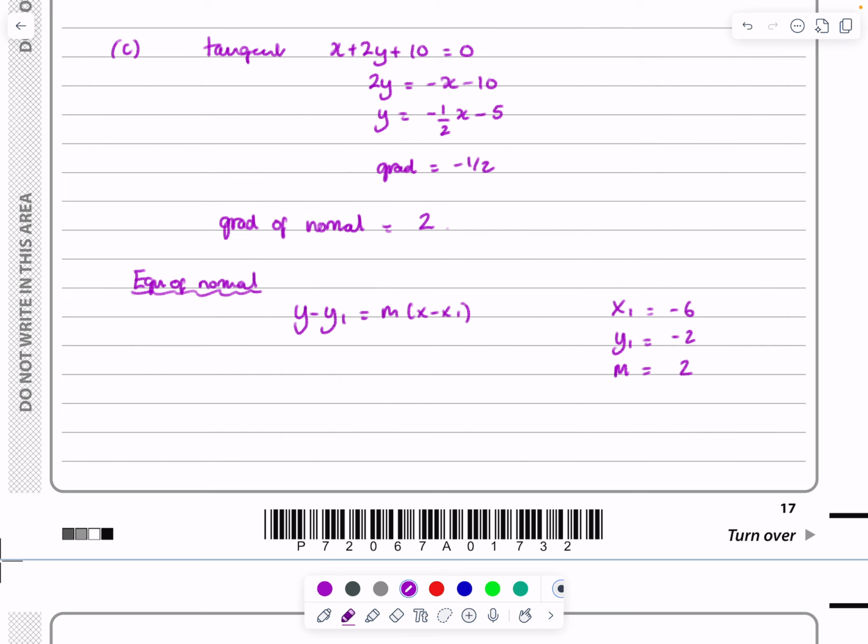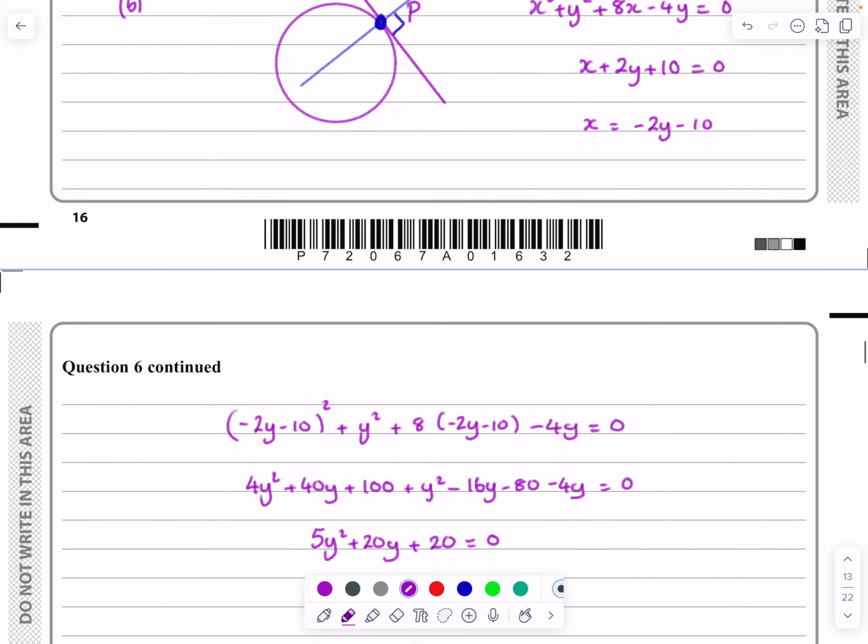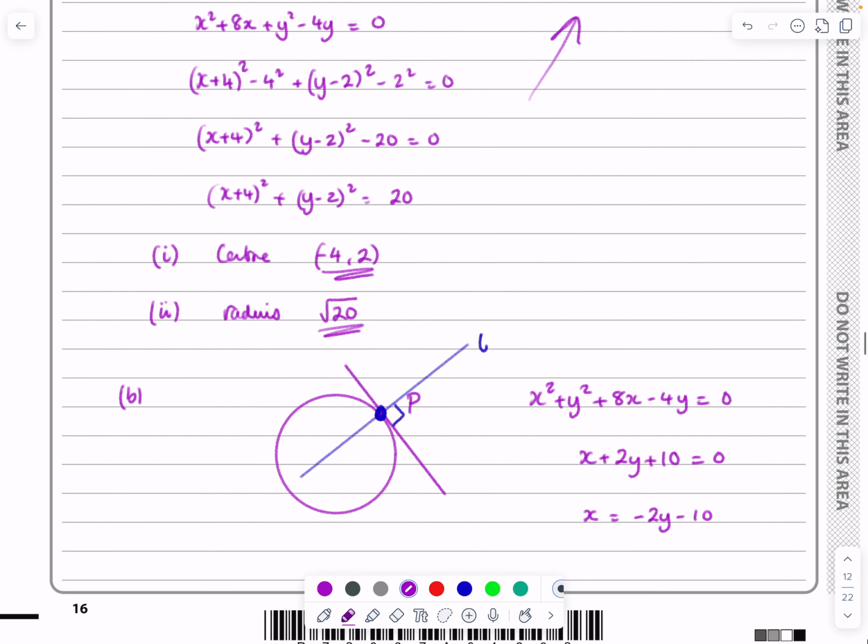So y minus minus 2, which is y plus 2, is equal to m, which is 2, times x minus minus 6, which is x plus 6. And remember they wanted that in the form y equals mx plus c. So y plus 2 is 2x plus 12, so y is equal to 2x plus 10, and that's the equation of the normal, given all that information about the tangent.